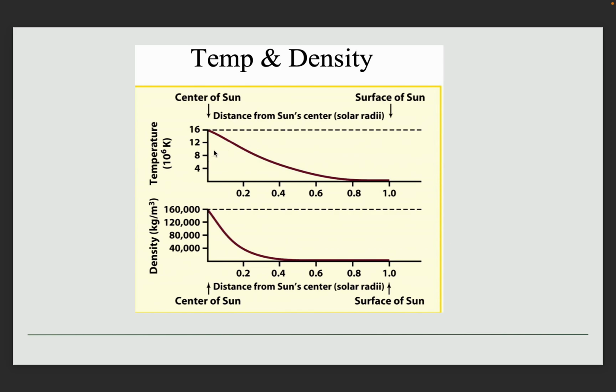You can see the central temperature is very high, about 10 to the power 6 Kelvin. And this temperature rapidly drops at the solar surface, and the density is also high at the core region, the central portion of the Sun, and outside the temperature astonishingly drops.